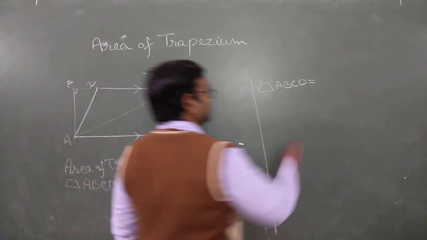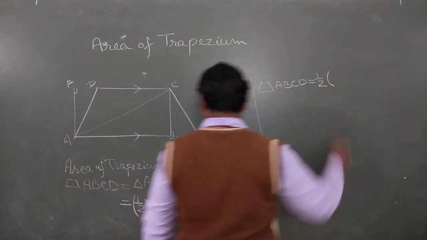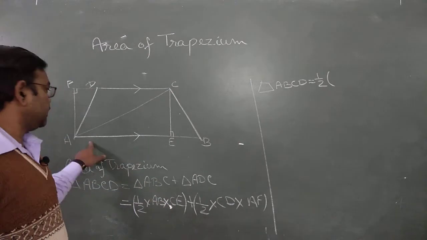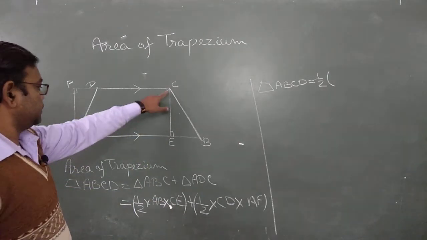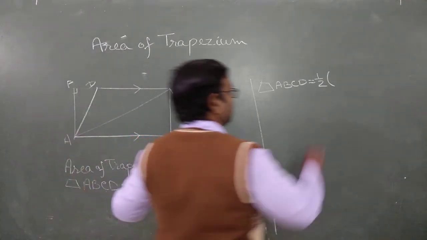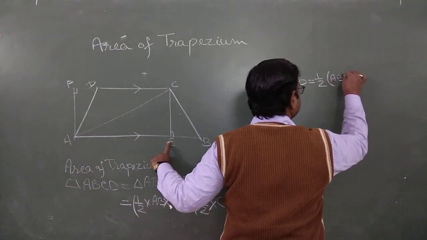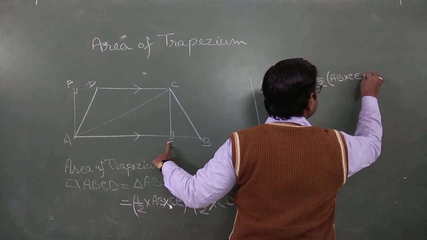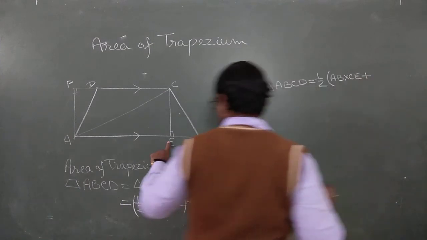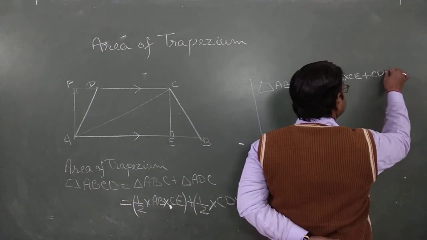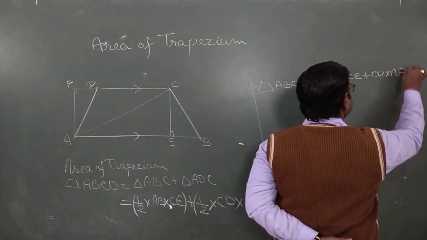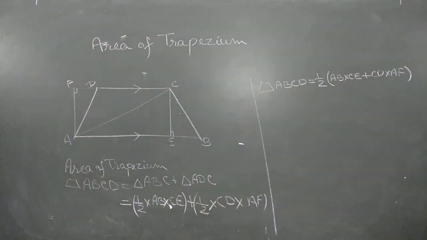Then see here, AB into CE, AB is this one and CE is this one, plus CD into AF. Now we have a perfect line. The words are visible to you if your internet connection is perfect.